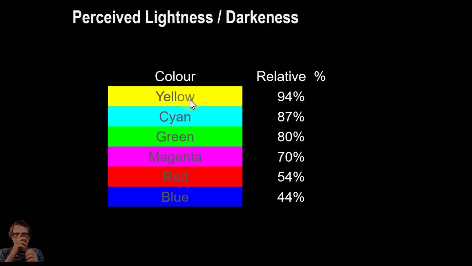Same's true of the cyan, because the cyan is the green torch and also the blue torch, so again brighter. But then comes the green, because green is more than the magenta, which is still two torches, red and blue, but even those two together can't combine to beat out the green. And then you've got red and then the blue, which again is how that works within the eye.